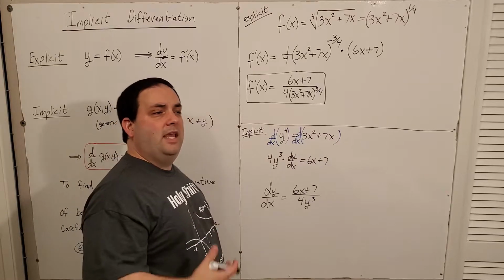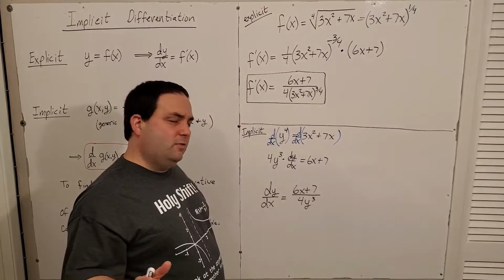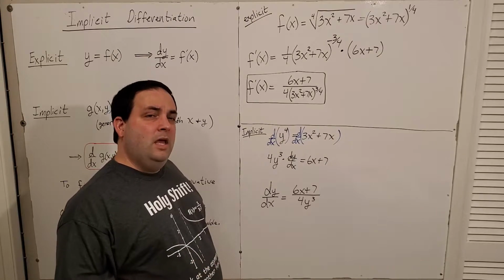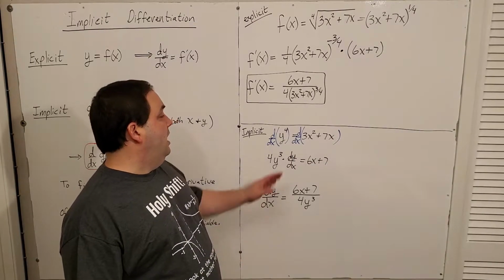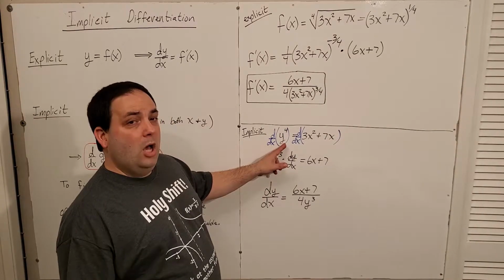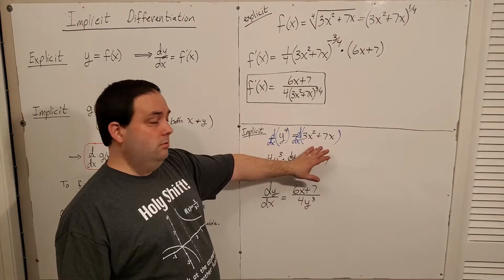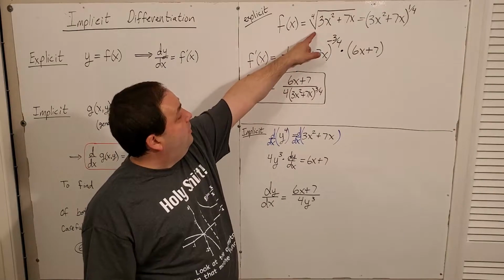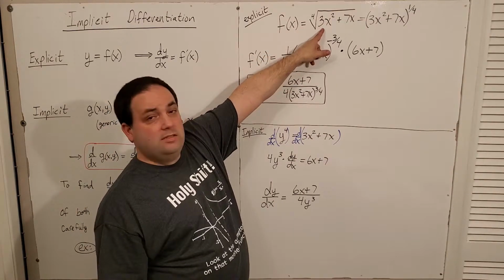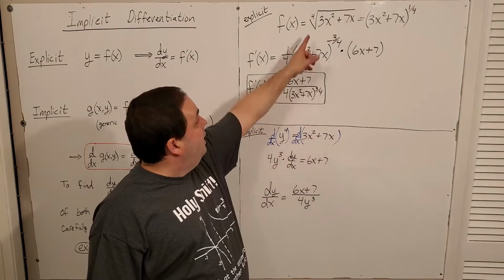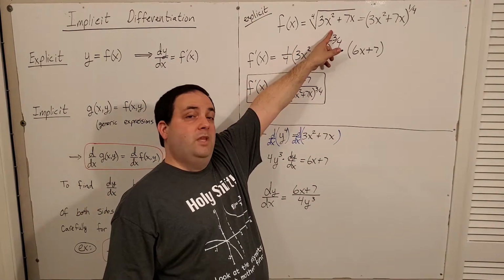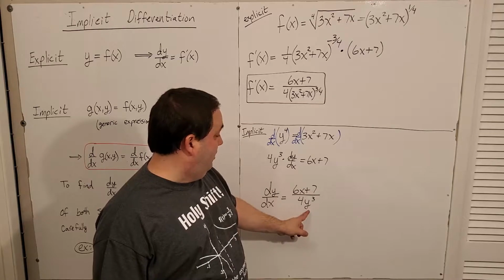Some people might say, hey, I would prefer my derivative expressions to have nothing but x's in them. And sometimes that's possible and sometimes it's not, right? If you wanted to solve for y up here, you certainly could. What you would get is this up here. Remember, y is equal to this. And I want you to notice that if I plug in that, it would be the 4th root of 3x squared plus 7x here.